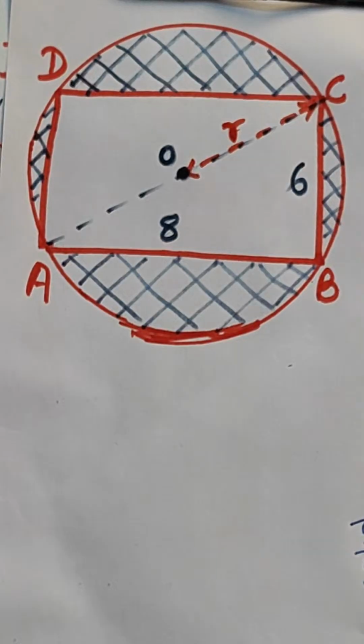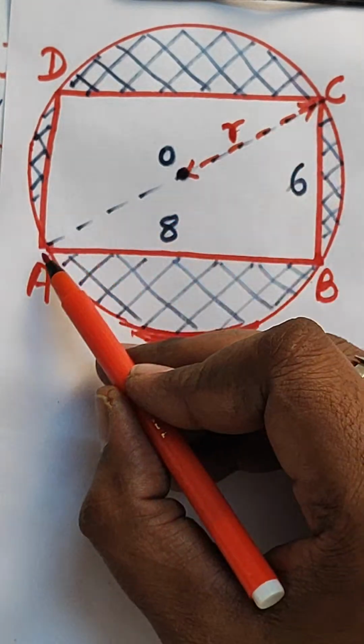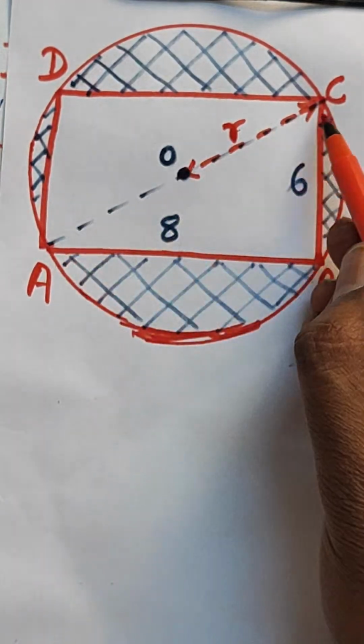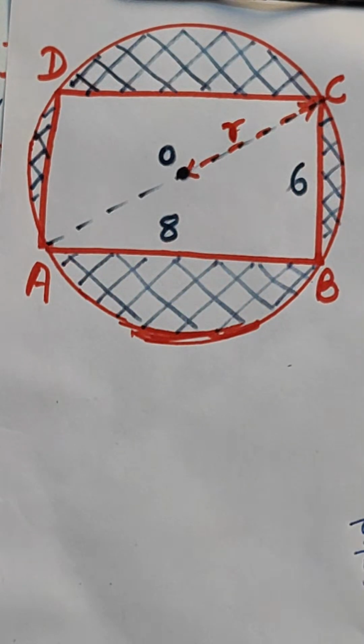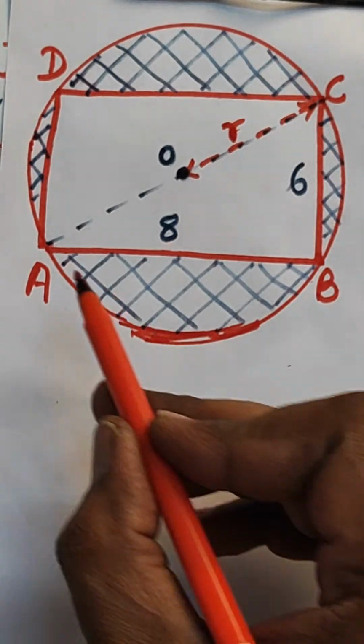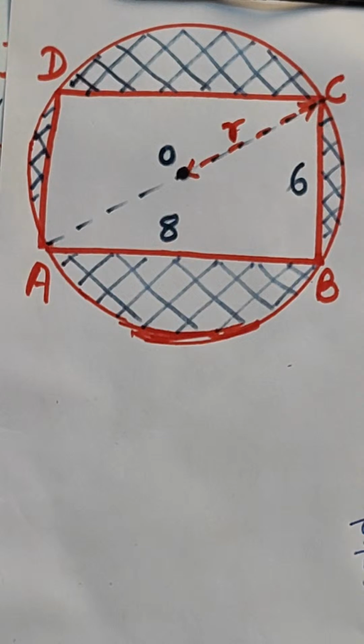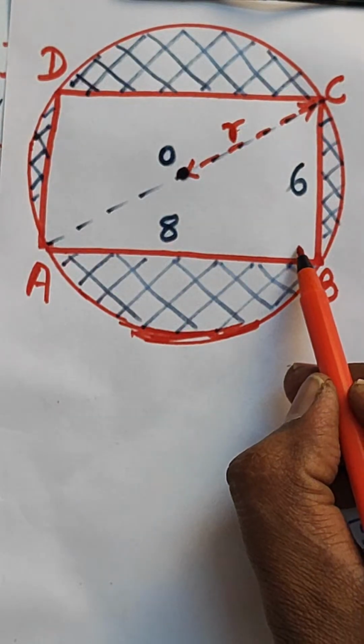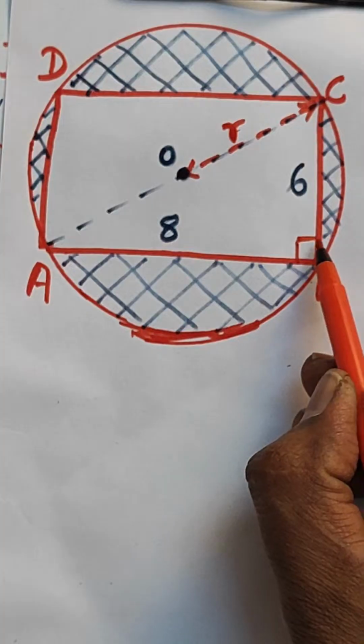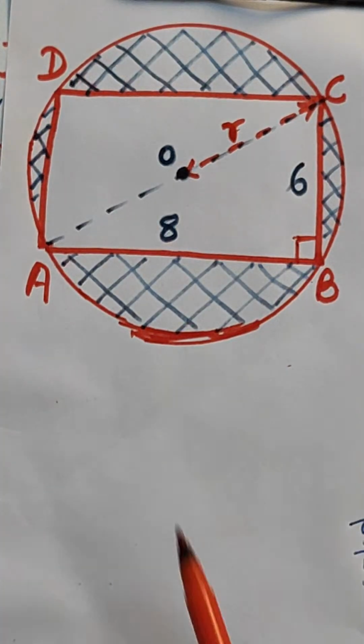You know how? This radius can be calculated if you know the length of the diagonal of this rectangle, right? So if you consider the right angle triangle ABC, and we know the property of a rectangle that all the angles of a rectangle are 90 degrees, right?